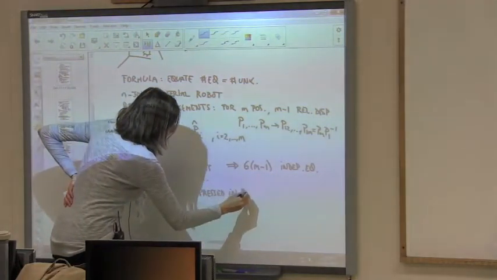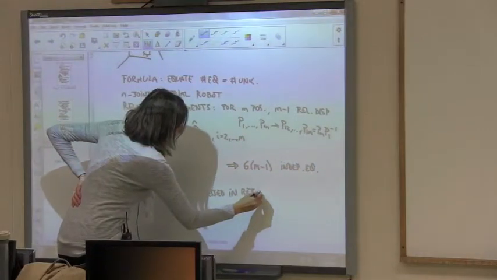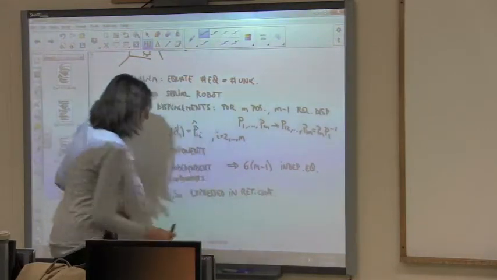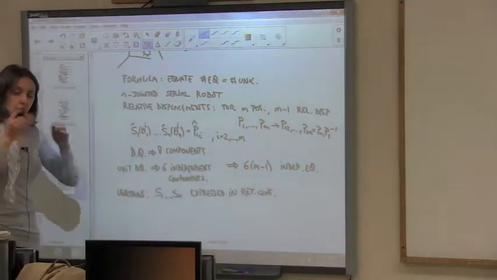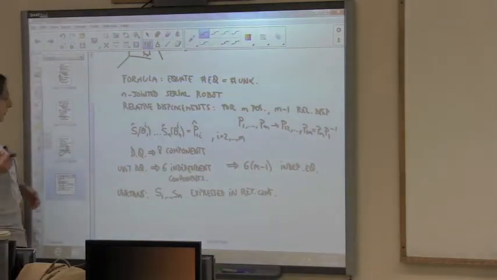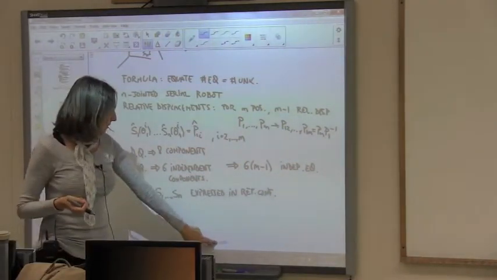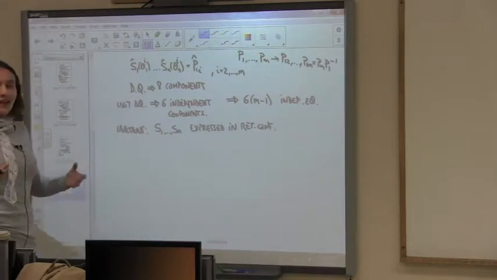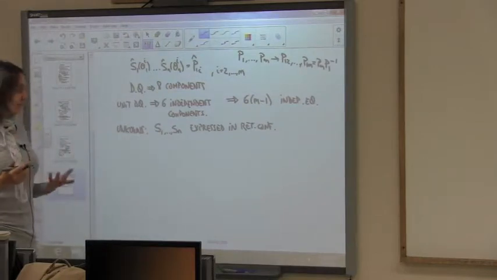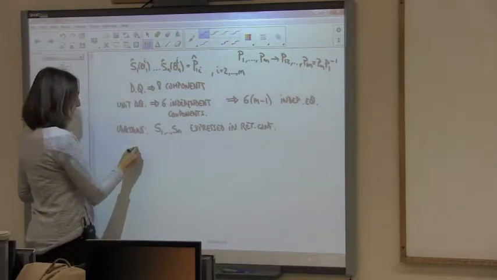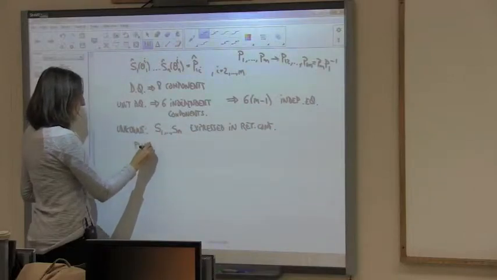So these are Plucker coordinates of the lines. And how many components does a Plucker coordinate have in a line? We have 6, right?